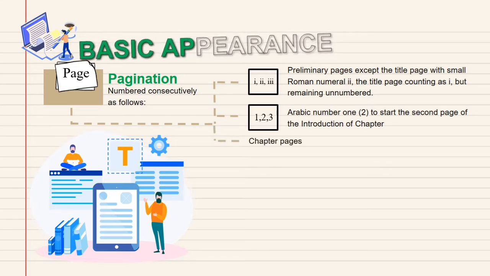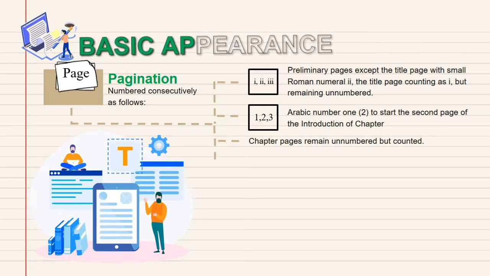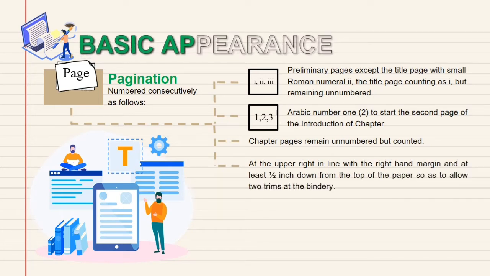All chapter pages remain unnumbered but counted. The number of each text page is placed in the same position on all pages, at the upper right in line with the right hand margin and at least 1/2 inch down from the top of the paper, so as to allow for trims at the bindery.